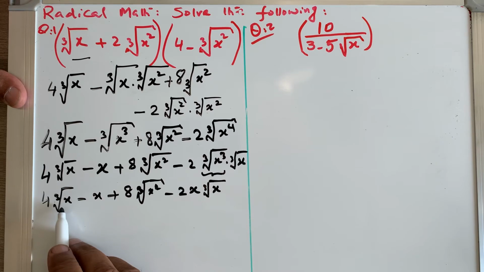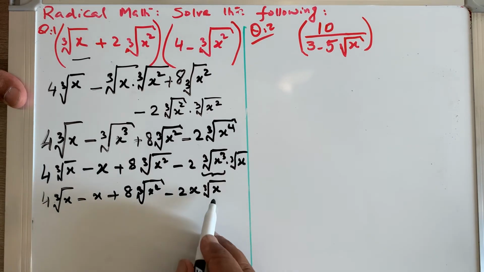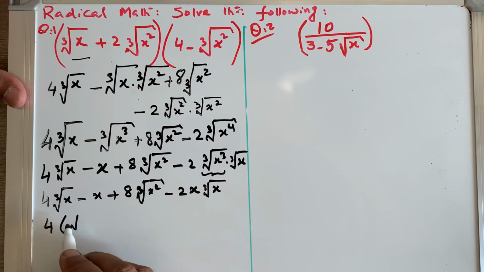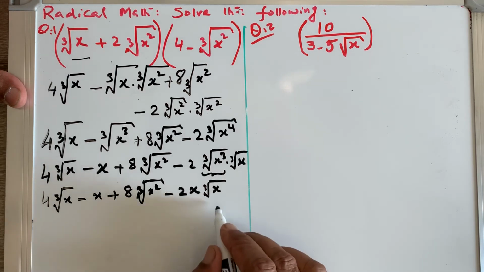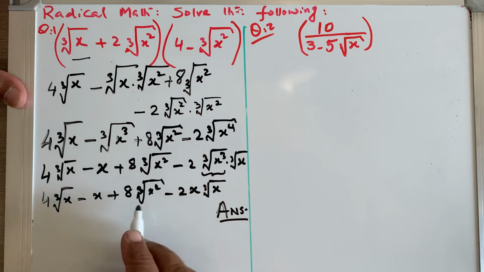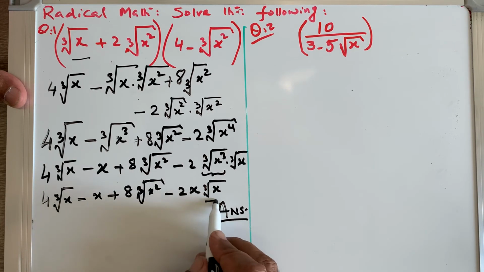So here is also cube root of under root x. You can take common between these two. In the simplified form you can leave it here maybe, or you can do one more step, that you take common this and this.